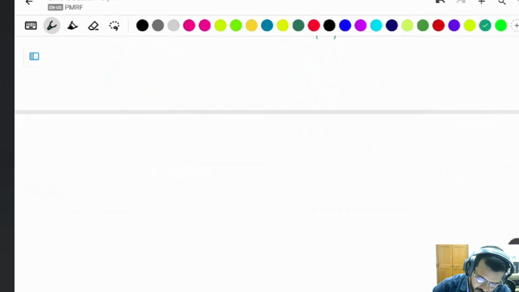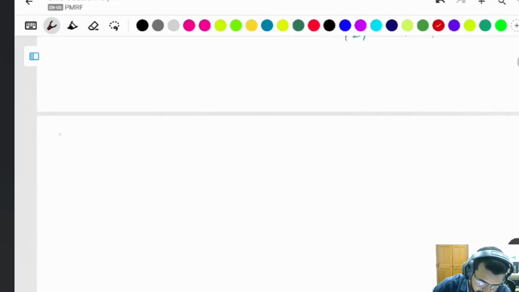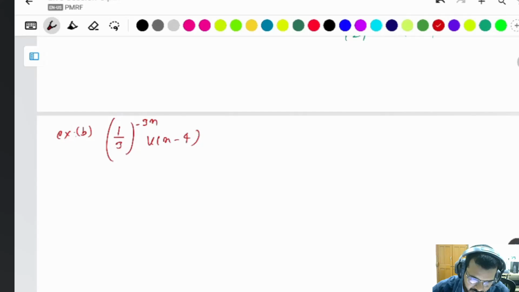The next example, if you want to take 1 by 3 to power minus of 3n u of n minus 4. In this case, the alpha is this whole thing. This is positive.